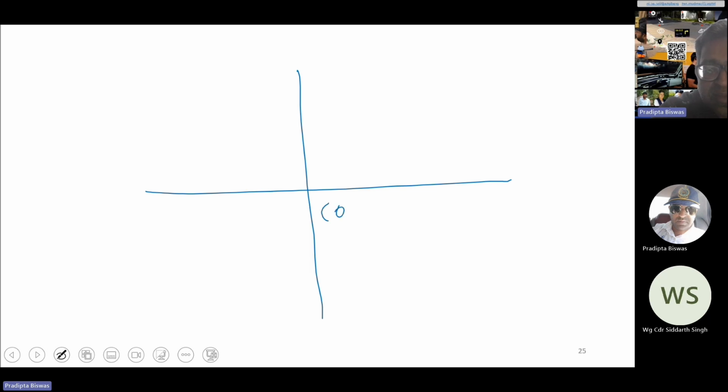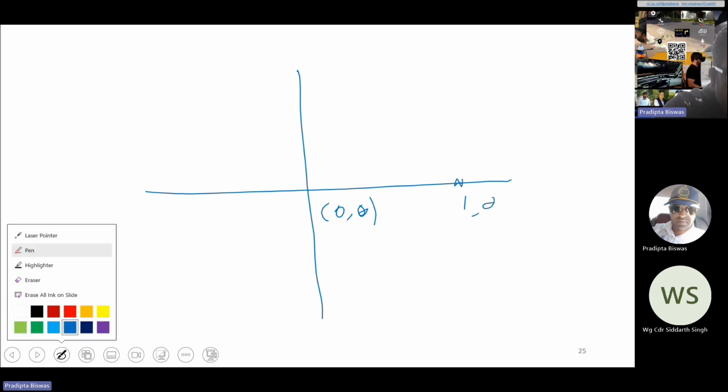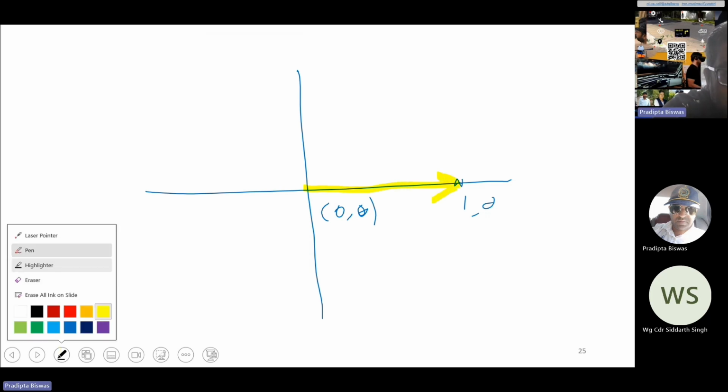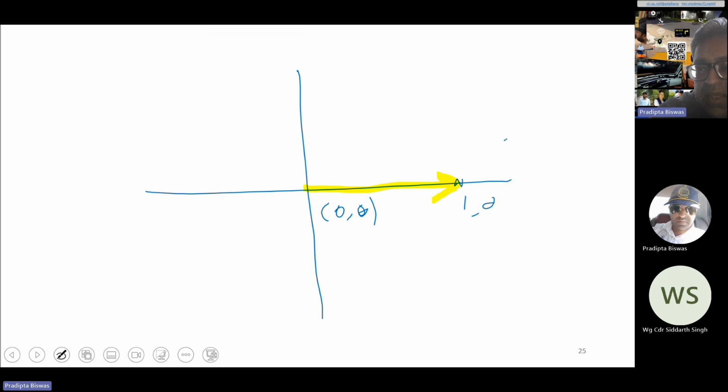Just consider this is 0, 0. And say this is a point 1, 0. If I now draw a vector like this, I can term it something like 1, 0, or I can just write it as t, 0, where t is a scalar multiplier.